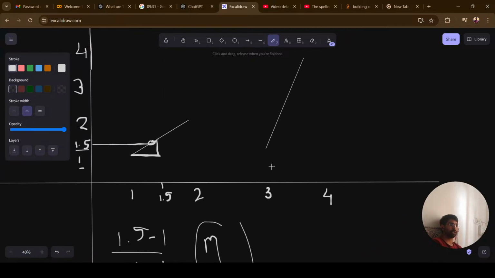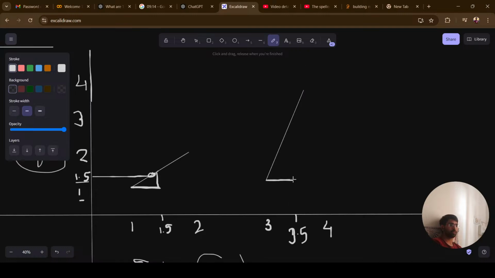Similarly, if I increase here to 3.5, let's say here, and this value comes up to, some sort of this one, right?